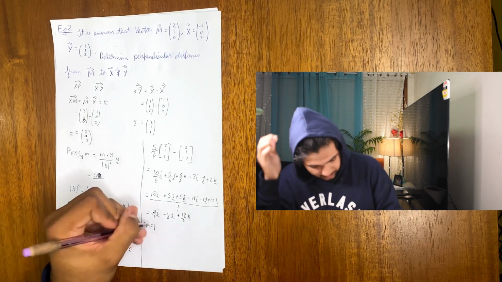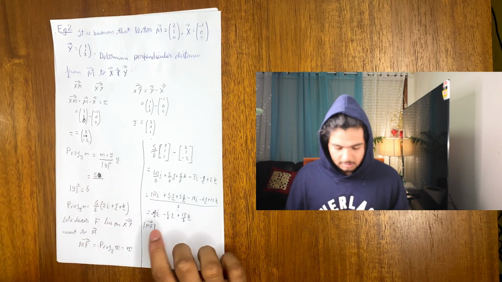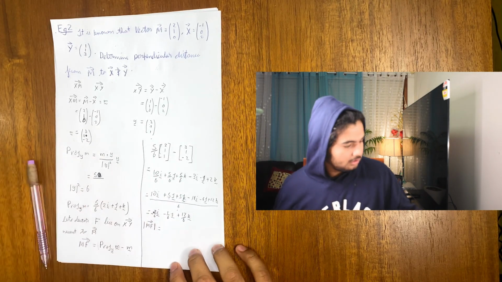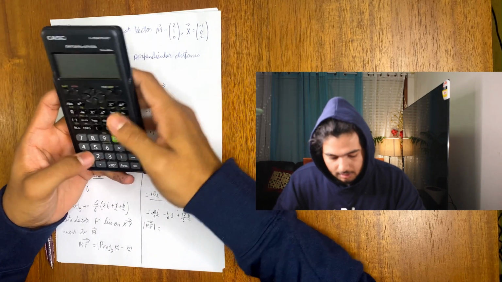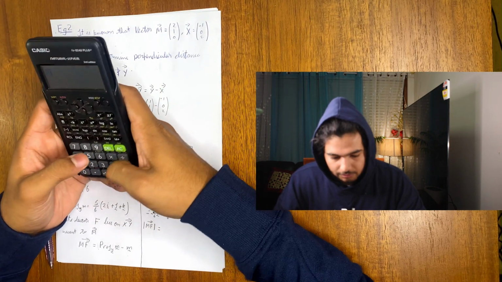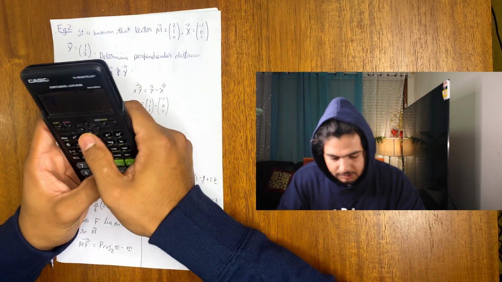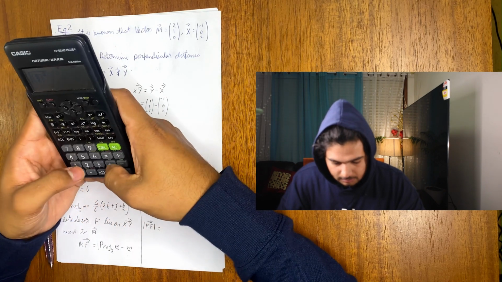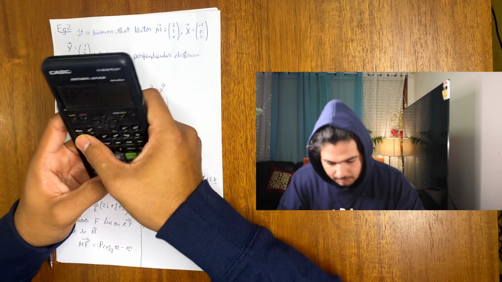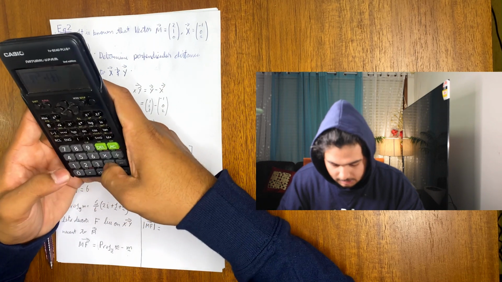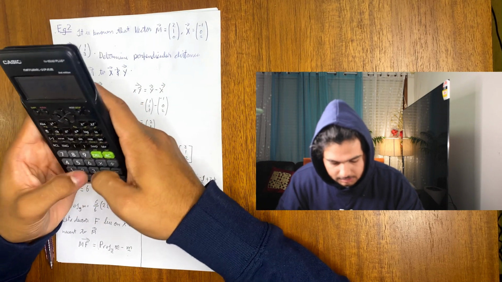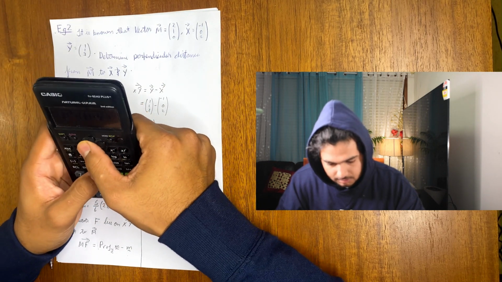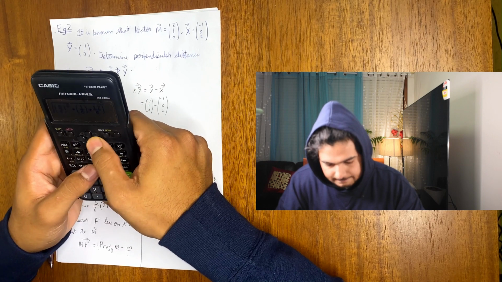Next step, calculate the magnitude of this. Putting it in the calculator, we have the square root of (8 upon 6) all squared plus (1 upon 6) all squared plus (17 upon 6) all squared.